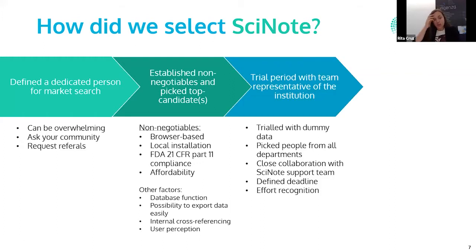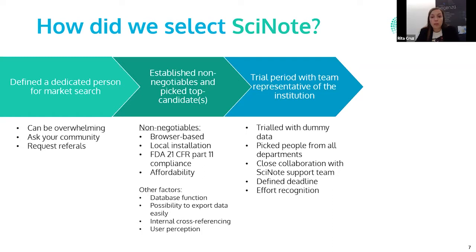So after we shortlisted, at this point, I think I only had a couple of providers that I chose here. We set up a trial period with a trial team. And it was important for us that this trial team had a member from each of our departments. And we trialed the systems with dummy data.